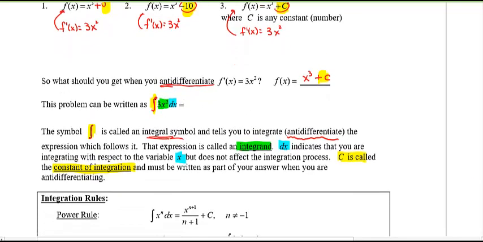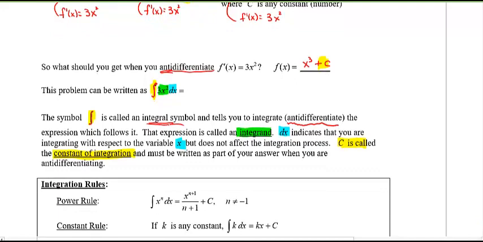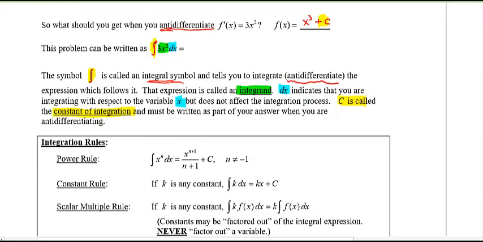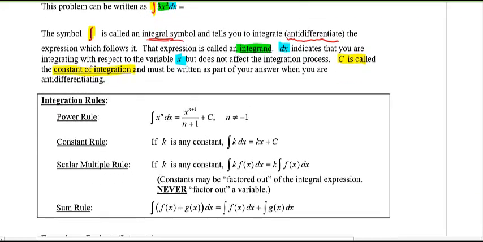Okay, so how do we actually go about doing an antiderivative, or aka the integral? Well, here are some integration rules. Just like we had a power rule, which we had for derivatives, we have a power rule for the integral. Remember, for the derivative, we took the exponent, we brought it down to the front, and we reduced the exponent by 1. Well, what's the opposite process?